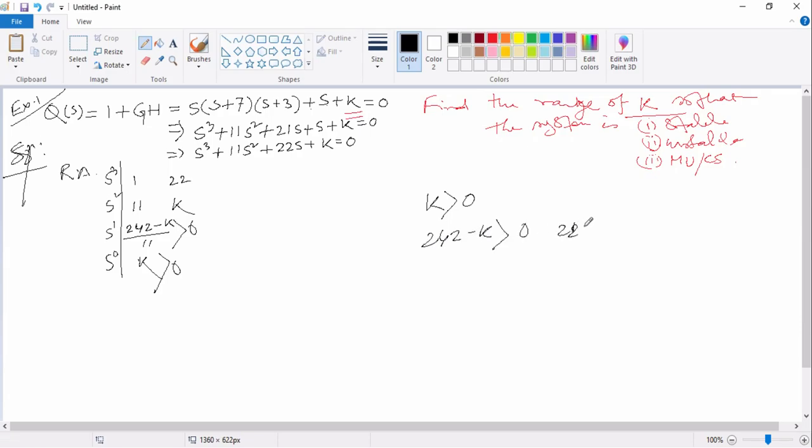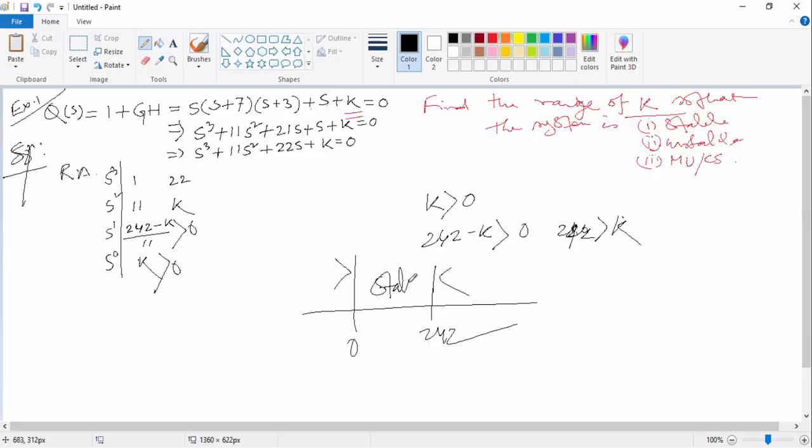So K is less than 242, right? So your stable range is what? 0 to 242. It's less than this and more than 0.